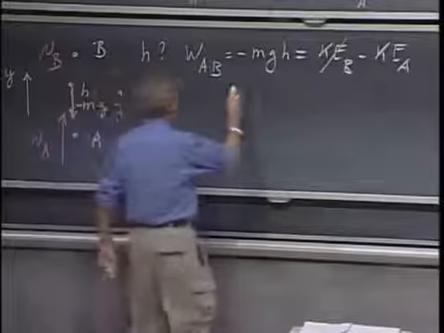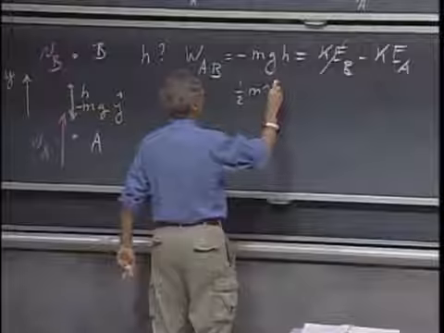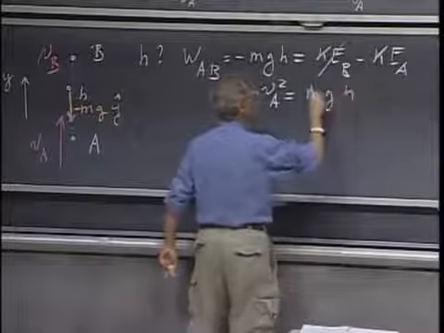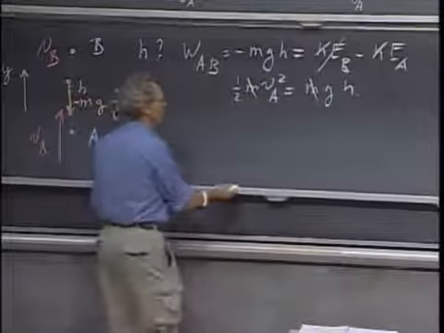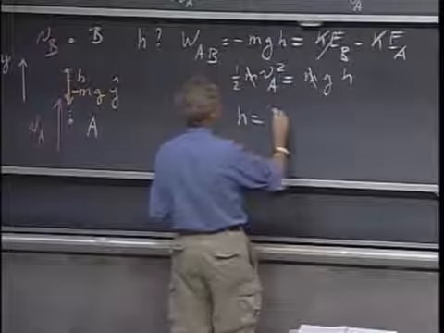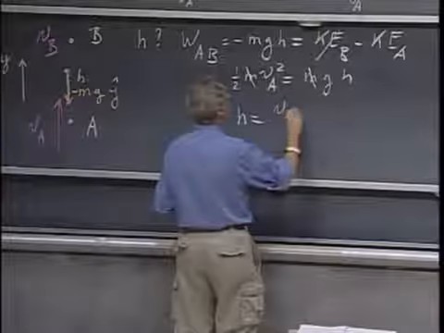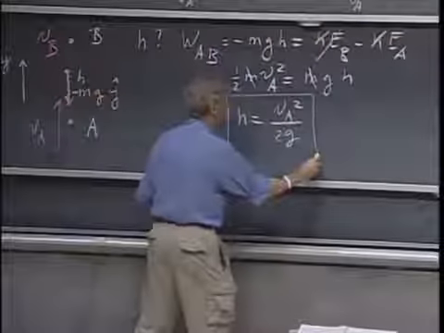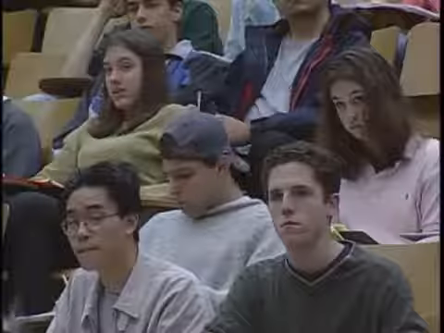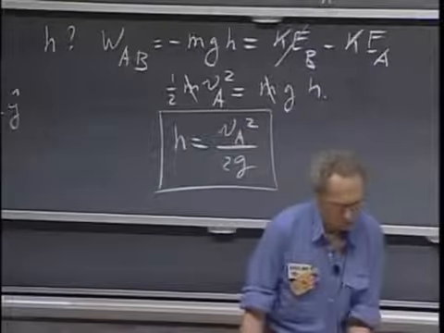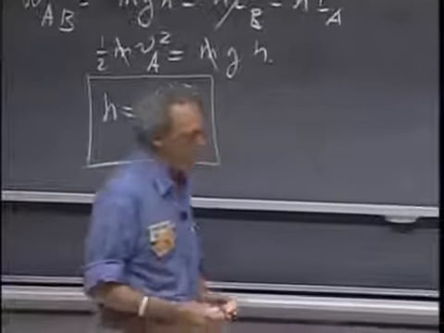And so you find that 1/2 m VA squared equals mgh. m cancels, and so you'll find that the height that you reach equals VA squared divided by 2g. And this is something we've seen before. It was easy for us to derive it in the past, but now we've done it purely based on energy considerations.